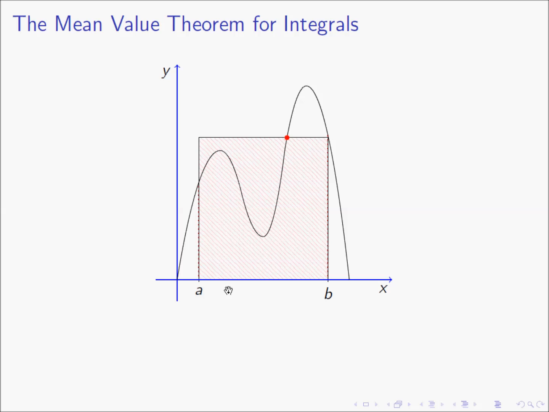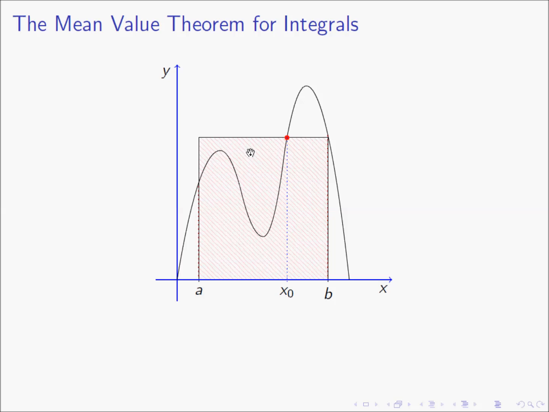The area is base times height. Well, we know what the base is. The base is this segment that equals b minus a. Now, to calculate the height, let's take this point in which the rectangle intersects the function here. And let's say that the x-coordinate of this point is x0.